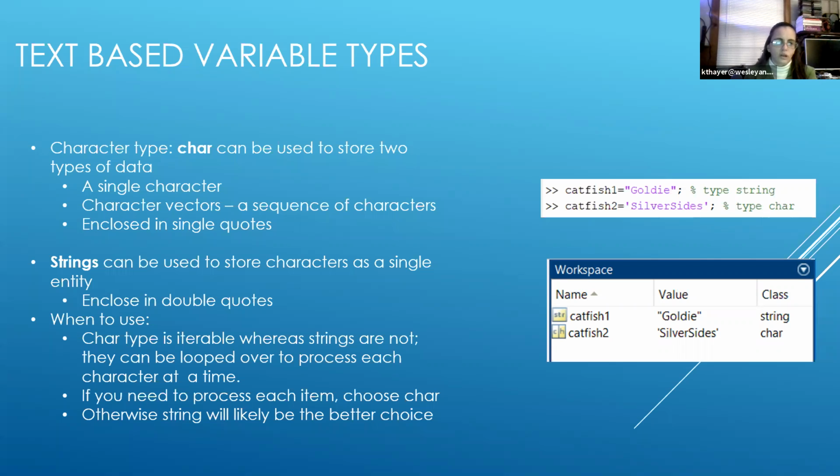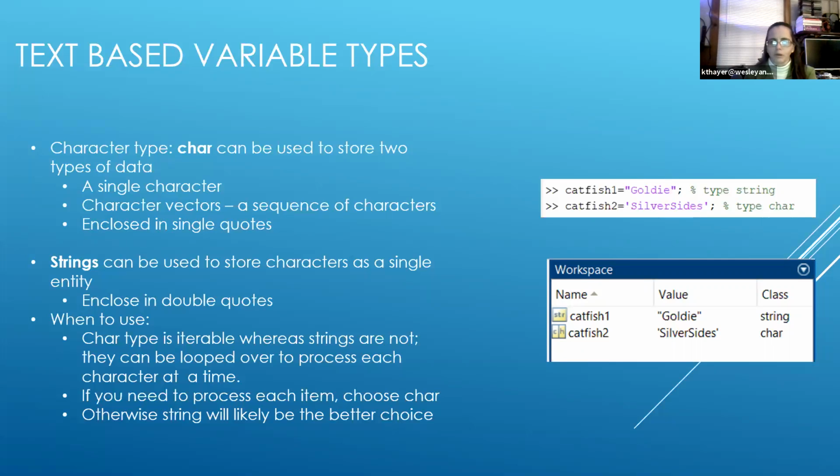Strings can be used to store characters as a single entity, enclosed in double quotes. This is what's most similar to strings in Python, if you're familiar with that. You should use characters when the type needs to be iterable, because strings are not. They can be looped over to process each character at a time.